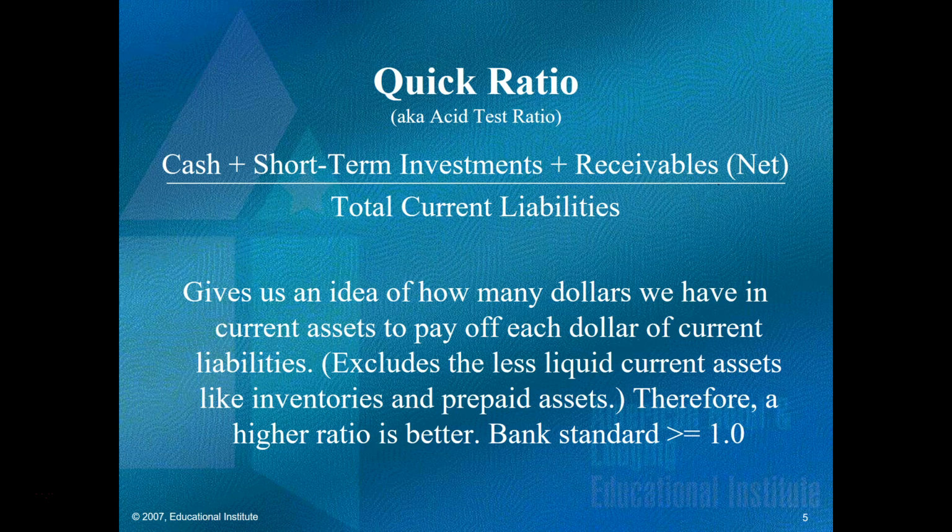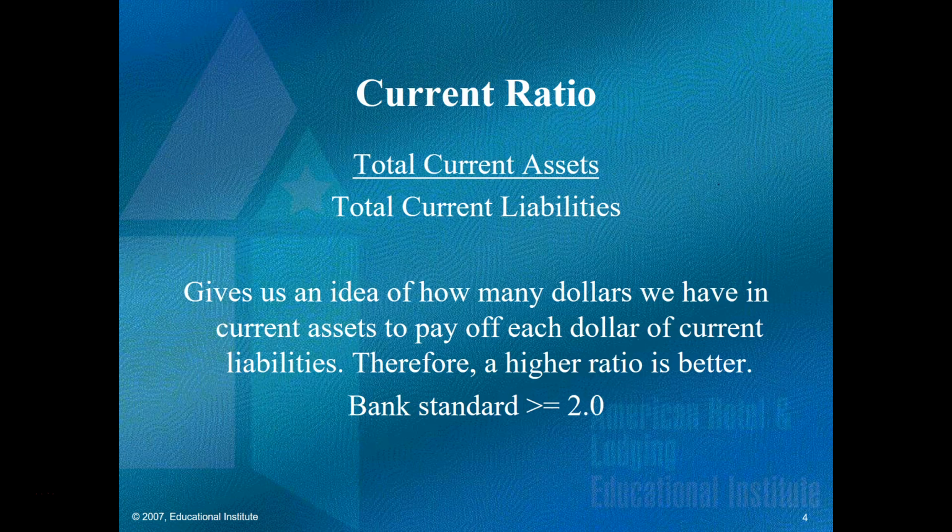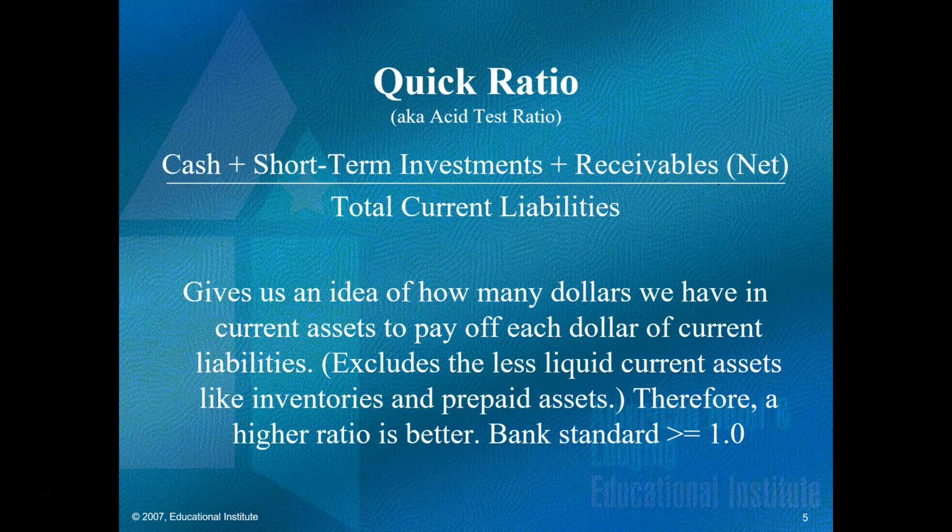Now, on this one, the bank standard is greater than 1. If you compare these, the bank standard here is 2, and here is 1. The fact that we're removing some of those current assets from this ratio should make sense that the standard on this one is a little bit lower.